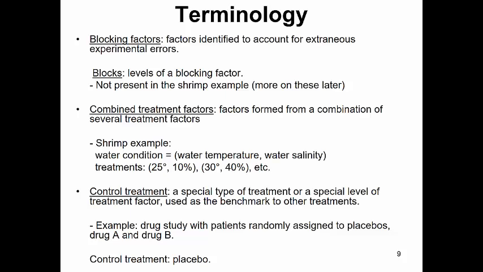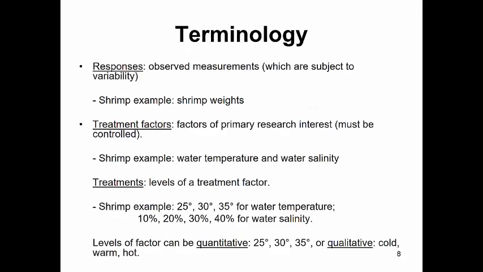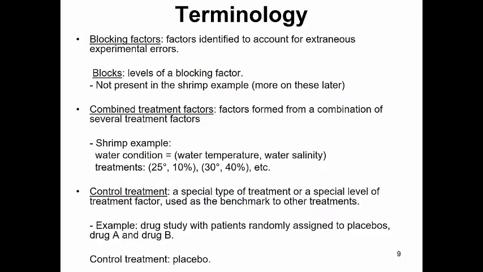When you're looking at these different treatment factors, so here again, the different treatment factors, and so we have multiple levels. When you're actually running this experiment, you cross all of the treatments for one factor with the other. So that treatment combination here is the cross between each one of those. Okay, so the combined treatment factor is the combination.